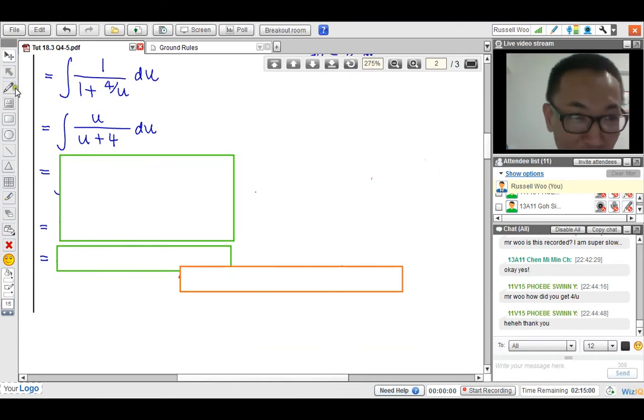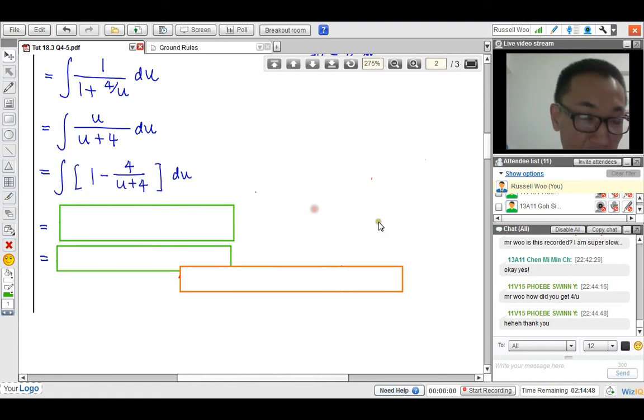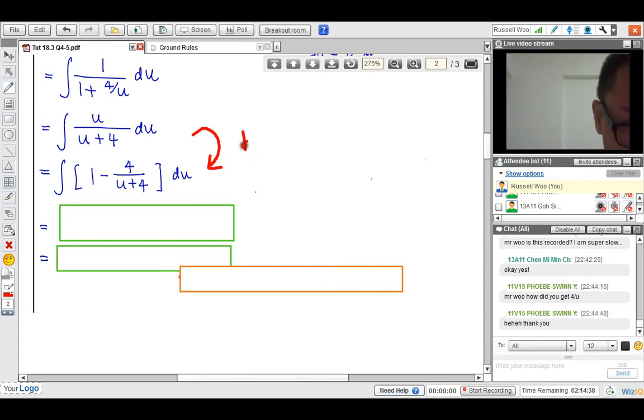So now how do we know how to integrate this? The trick here, there are two ways to do it. Actually, there's only one way. You do long division to get this. Can I just say again that from here to here is long division.